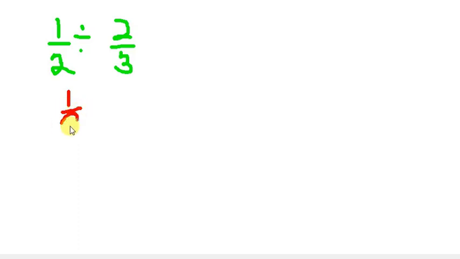Assuming you have a fraction like 1 on 2 to be divided by a fraction 2 on 3, you are directed to rewrite this fraction as 1 on 2, then change this operation sign to multiplication, then flip the second fraction, which is to invert it and multiply.